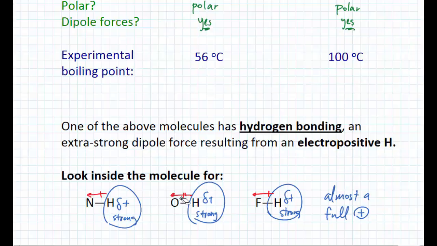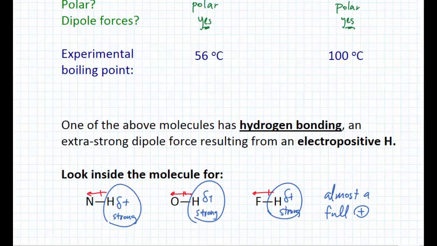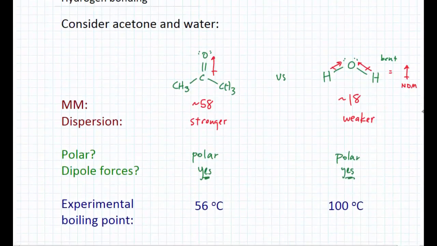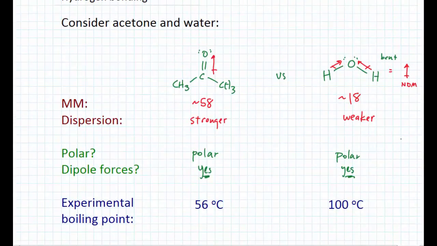Okay? So, remember we're looking for NH, OH, or FH. Look inside of those molecules. Which molecule, acetone or water, has hydrogen bonding? Water does, because right here, here's an OH bond. Let's give it a partial plus strong. And here too.